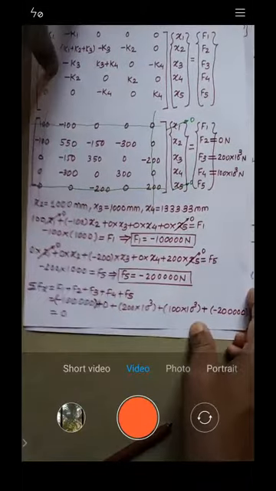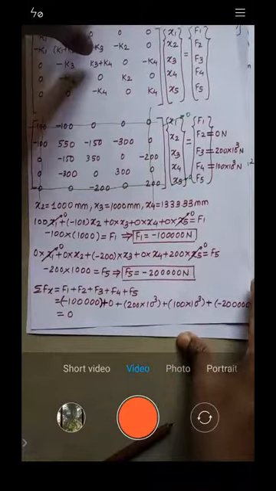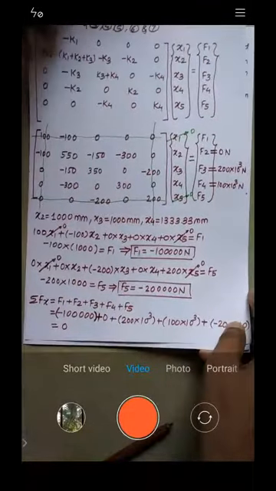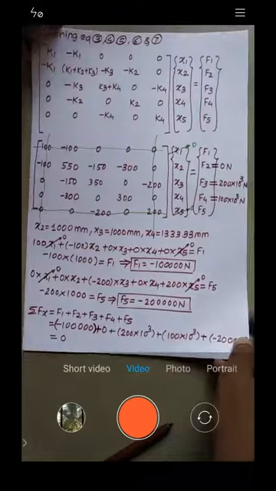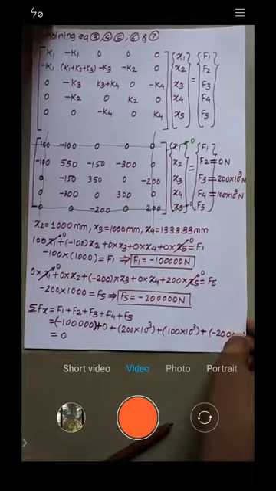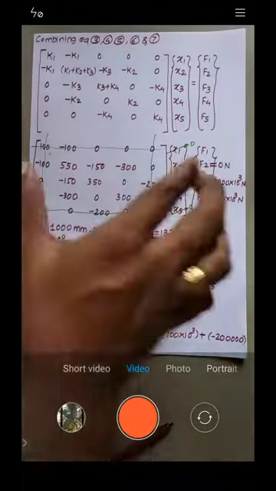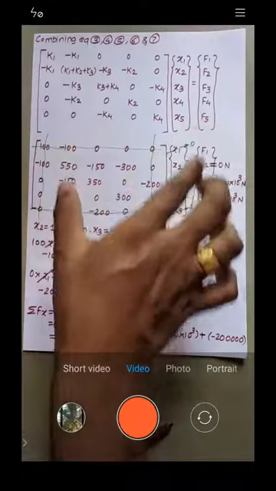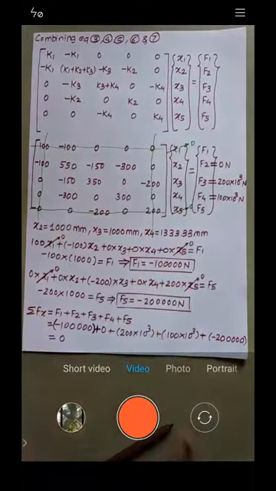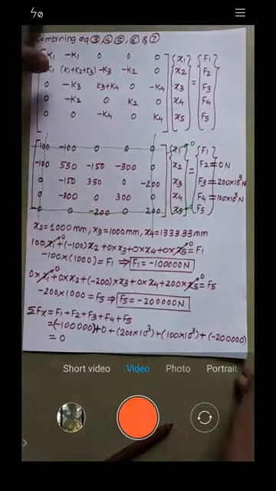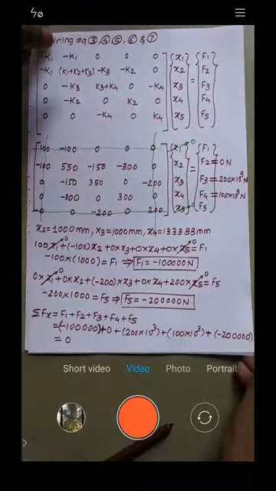Yes, sir. See, the same problem you can practice using the concept of assembly: writing the element stiffness matrices for every element, then combining those element stiffness matrices to get the global stiffness matrix. But this problem we have solved using the principle of stationary total potential.